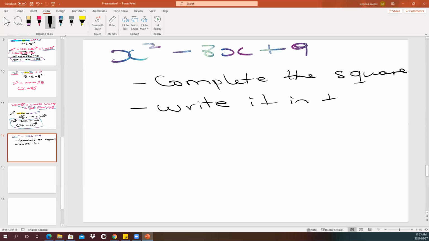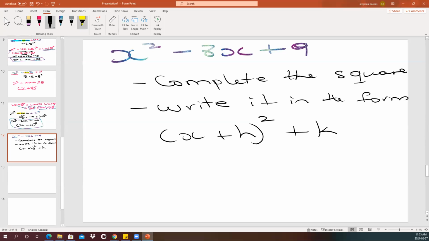Write it in the form (x + h)² + k. And this is what is important to us when we are doing our graphs, all right?